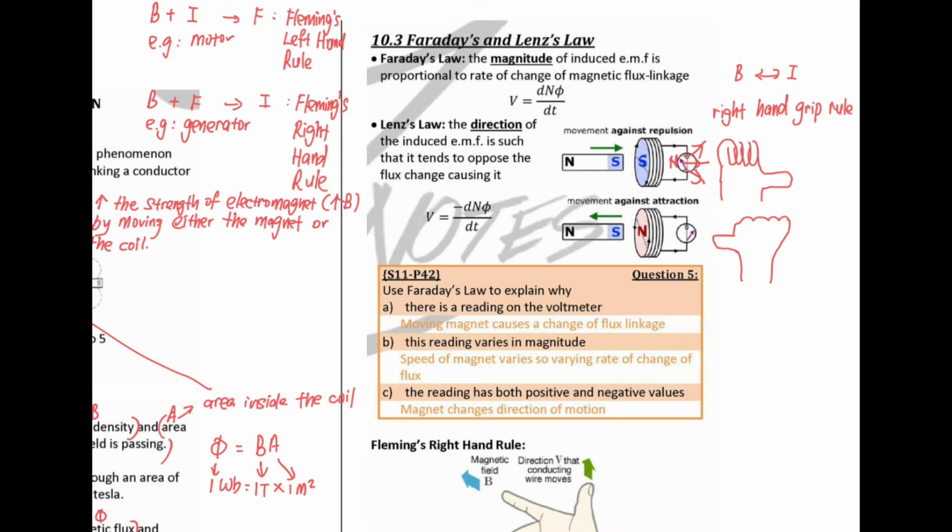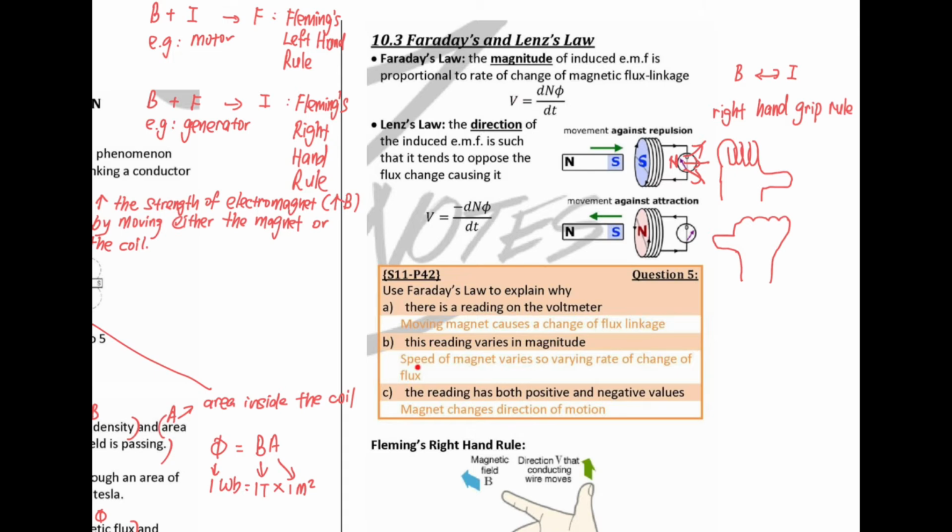So B. This reading varies in magnitude. According to Faraday law, the V is big if the rate is faster. If the rate of movement of the magnet is greater, then the V is greater.